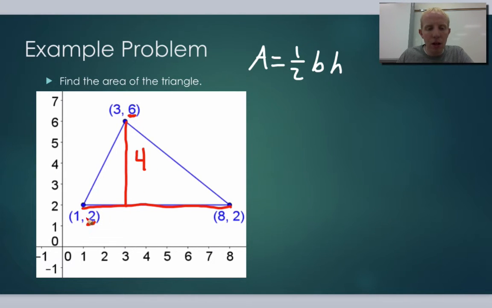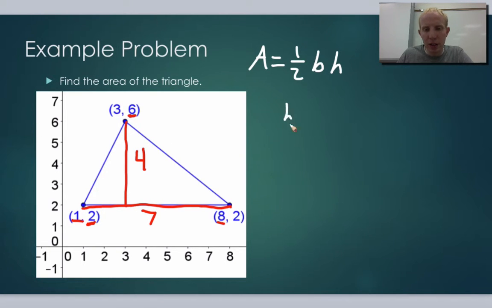Okay? And then for this bottom side, the base, we can use the x-coordinates. So this coordinate right here and that coordinate right there tell us that it's at 8 here, 1 there. So that side length is going to be the difference. 8 minus 1 gives us 7. Okay? So that's the base. So now it's really easy to finish the formula. Okay?